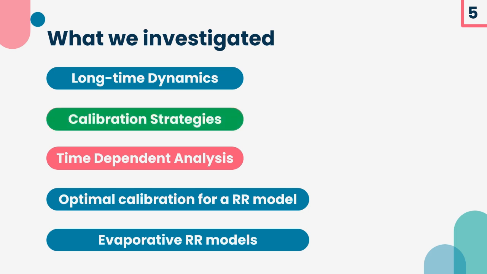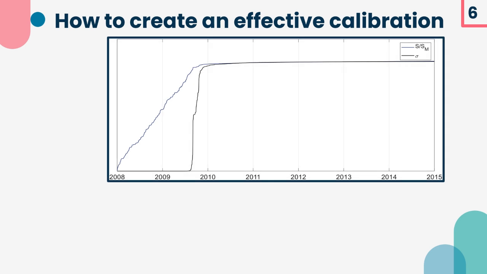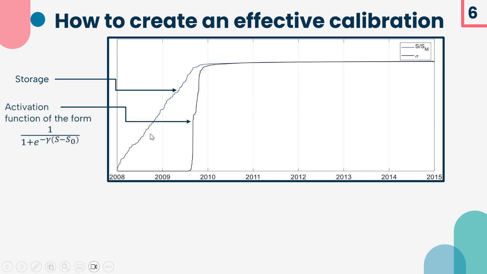So firstly, we're going to go into how you would develop a calibration strategy. Here is an example of an RR model. We have storage in blue and the activation function, which here can be a logistic, in black. You can see initially that there's a rapid growth in this storage between 2008 and 2010.